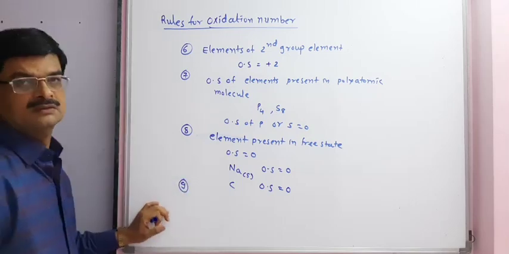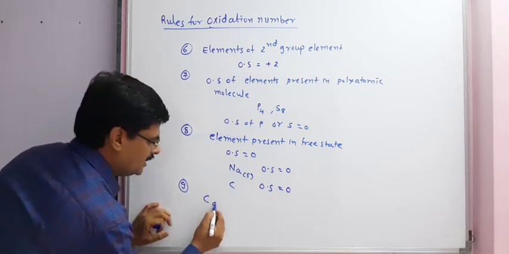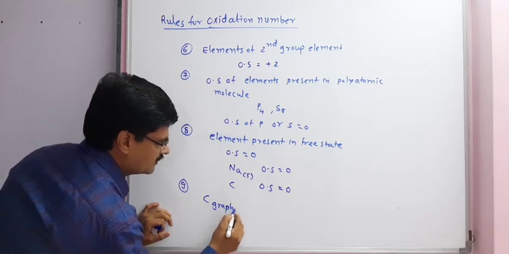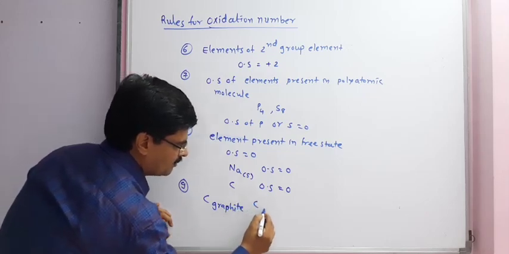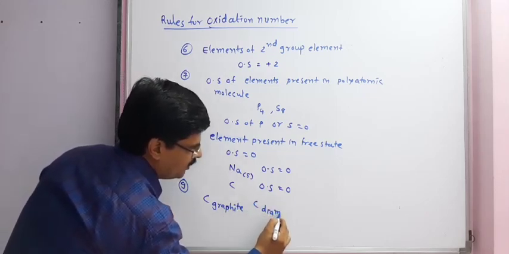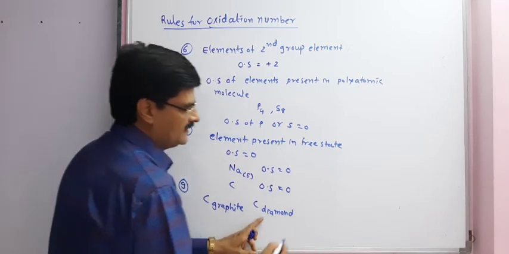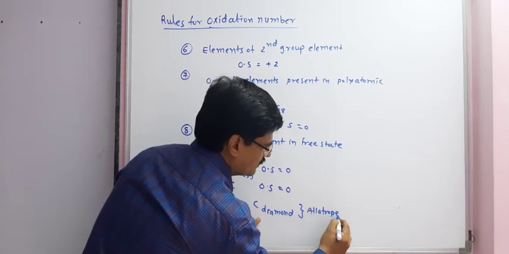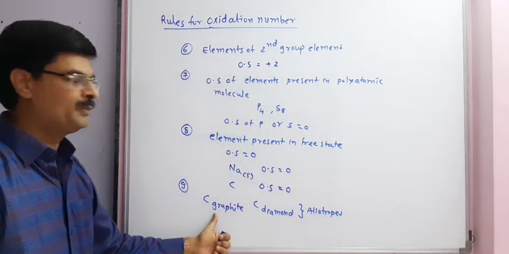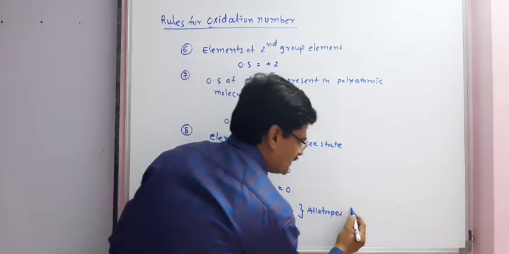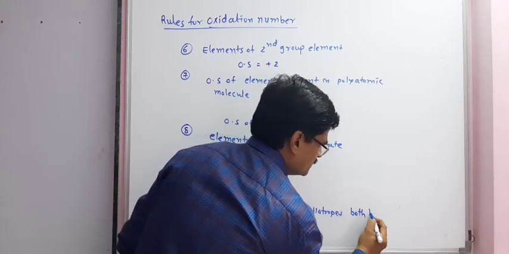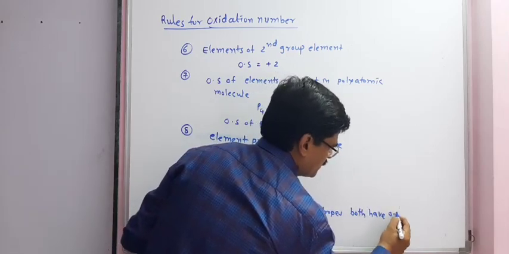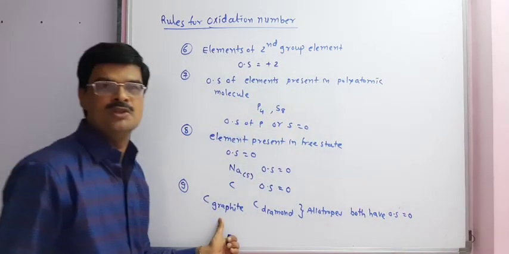Now next rule. Carbon as graphite, carbon in the form of diamond. These are allotropes of carbon. Both have oxidation state equal to 0.